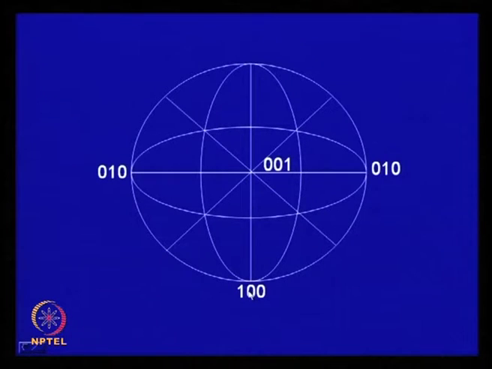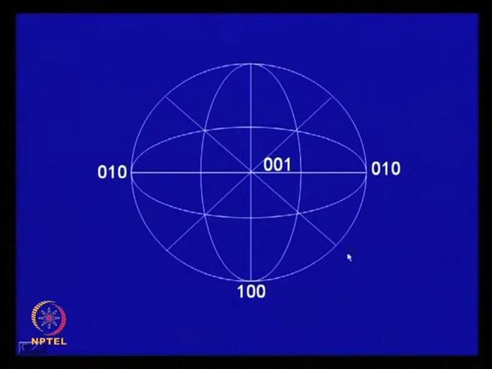Let us try to construct the standard projection of a cubic crystal on the projection plane 0 0 1. Obviously, the projection plane is 0 0 1, so the center of this is the pole 0 0 1.